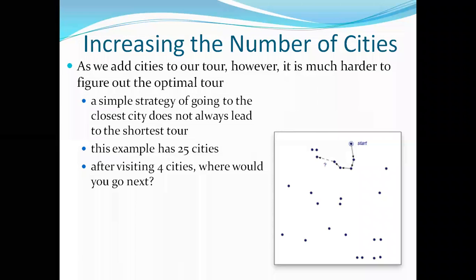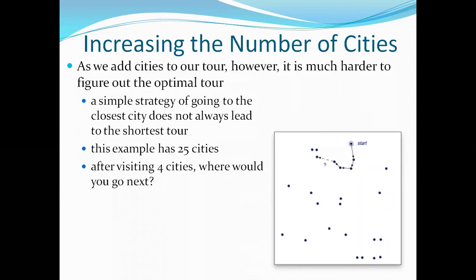Here we'll follow a simple strategy: finding the closest cities. As we saw in the previous class, that doesn't always generate the shortest path for visiting all the cities.